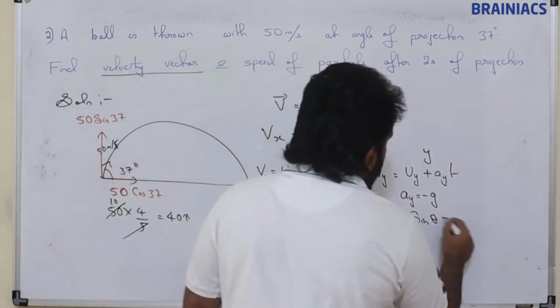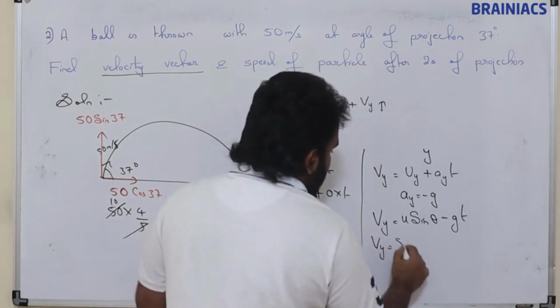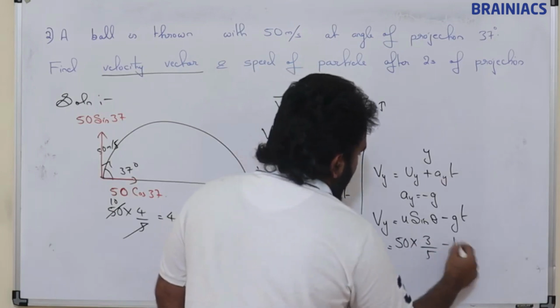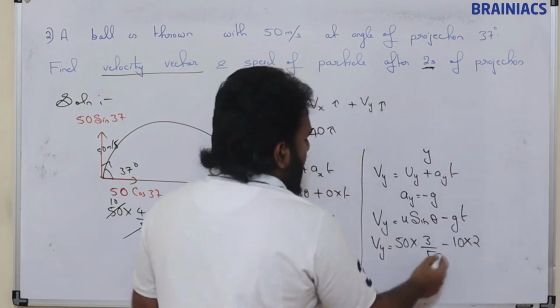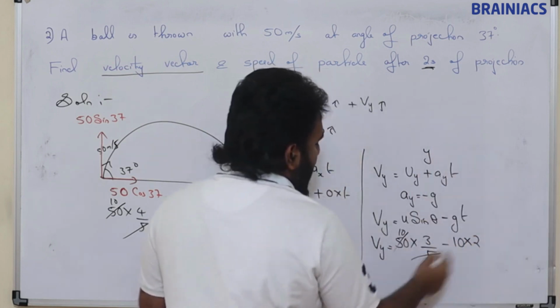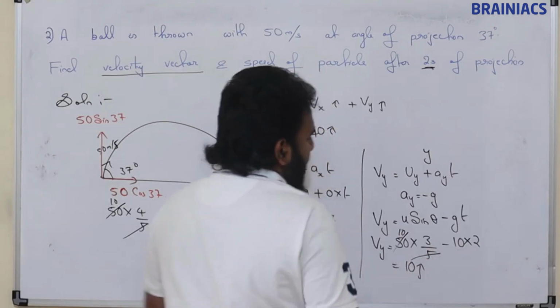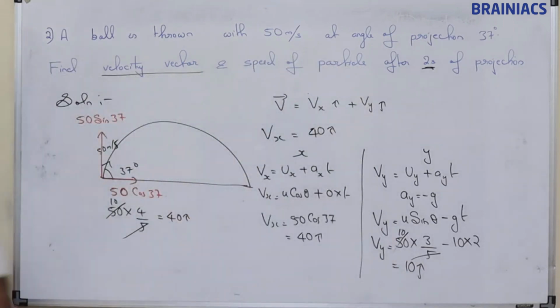Now Vy is equal to u sin theta minus gt, that is 50 into sin theta, which is 3 by 5, minus 10 into 2 seconds. So this is going to be 30 minus 20, which is 10j. So the vertical component of velocity is equal to 10j after 2 seconds. One is 40i, another is 10j. Clear?